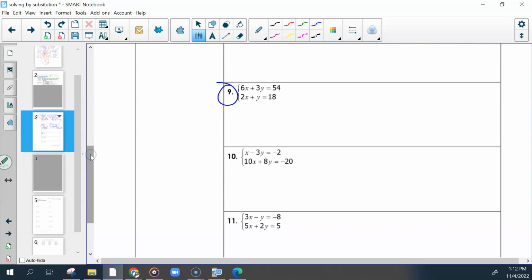Okay. For 9, same thing. Get one of the variables by itself. Y would be that variable. So we're going to move 2x to the other side.